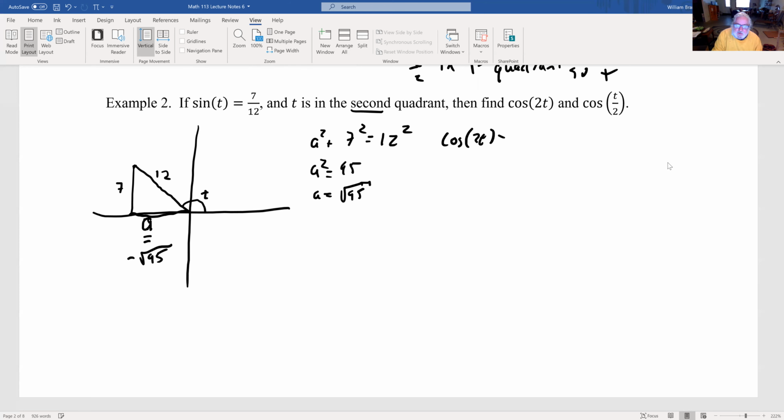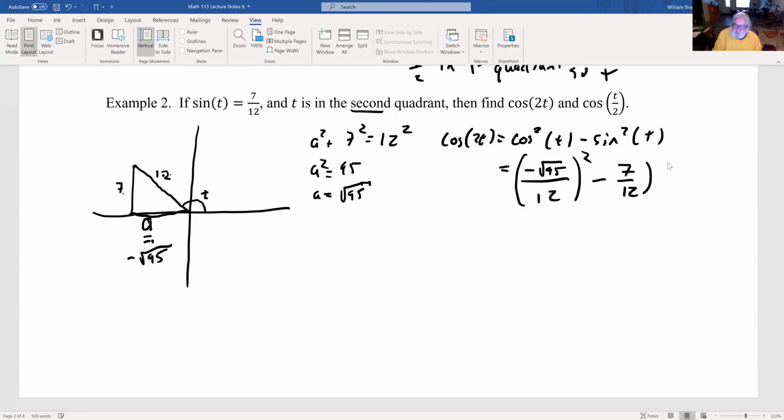easy enough. It's cosine squared of t minus sine squared of t. Cosine squared of t, well, cosine is minus root 95 over 12, adjacent over hypotenuse, quantity squared, minus opposite over hypotenuse, 7 over 12, quantity squared.